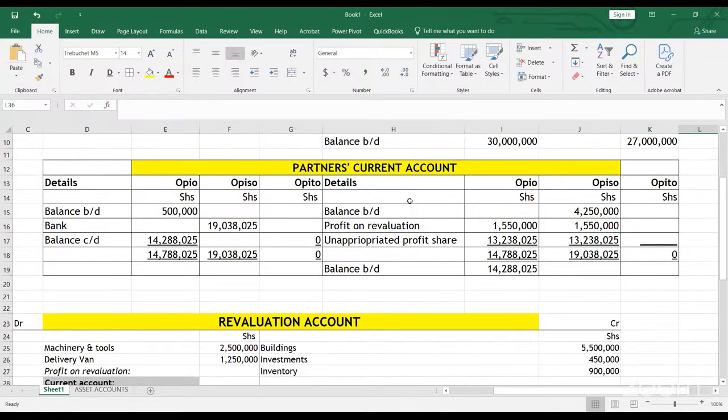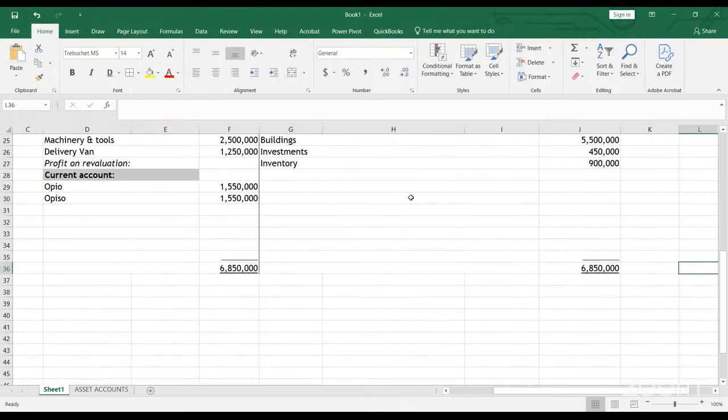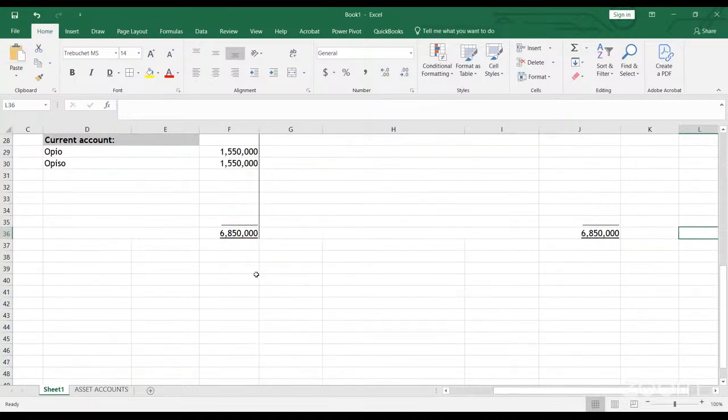It will take just a few minutes. The partners now are Opio and Opito.